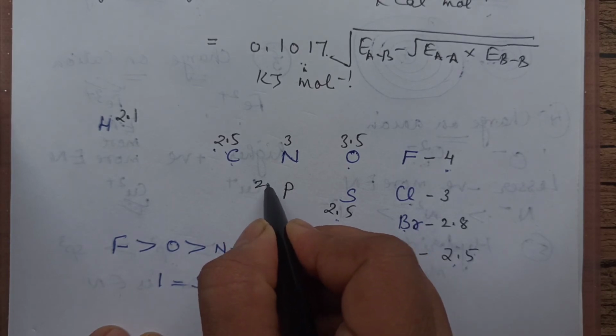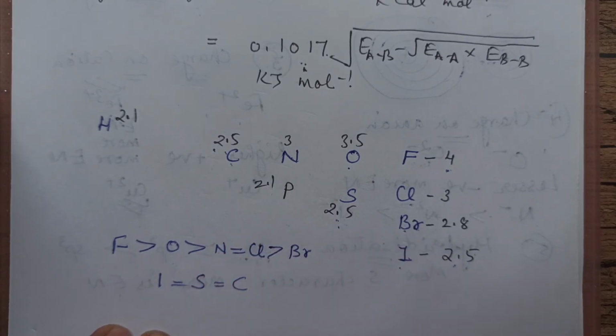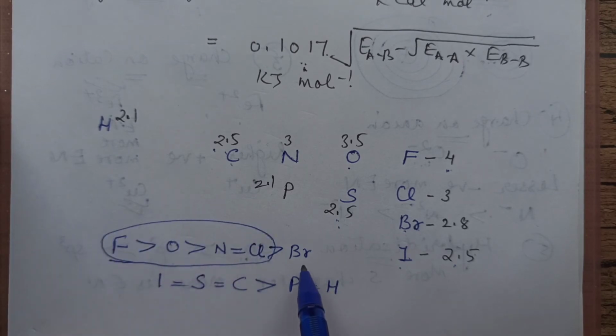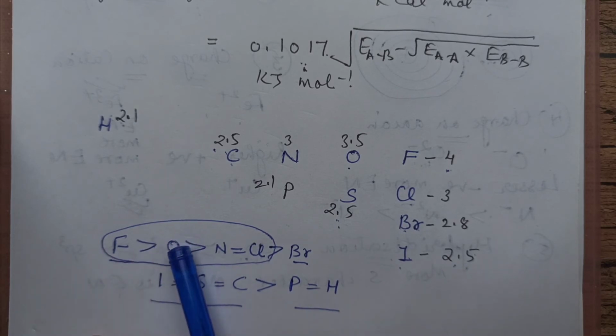Phosphorus is 2.1. So phosphorus and hydrogen are the same. So you can remember like this: it is F O N Cl, then you have Br, then I S C, then P H. This is 4, 3.5, 3, 2.8 or 2.5, and this is 2.1.